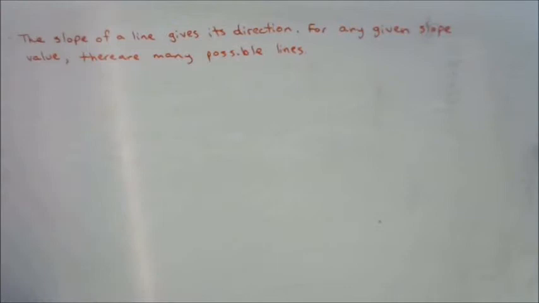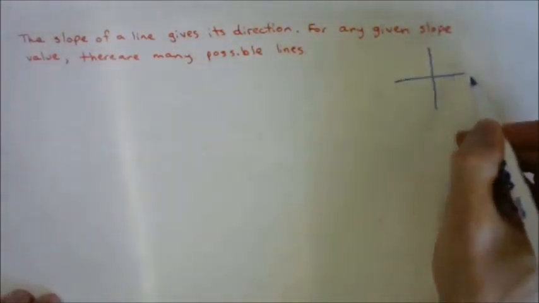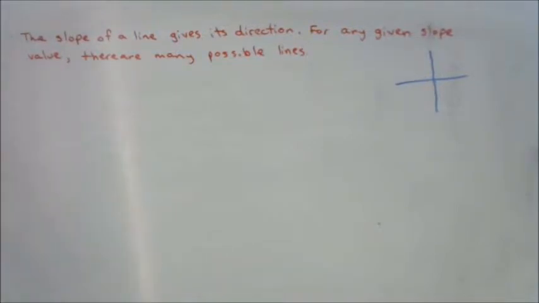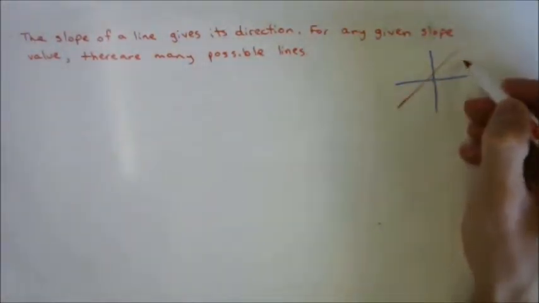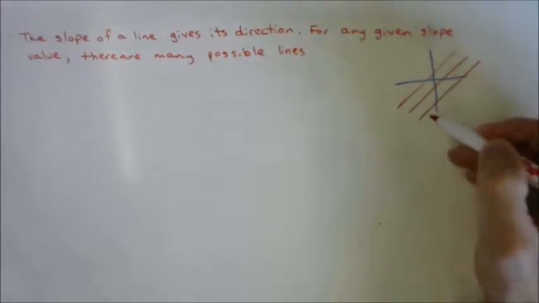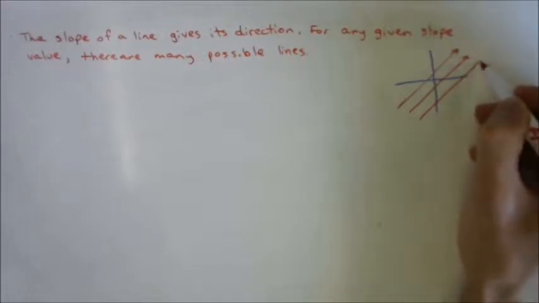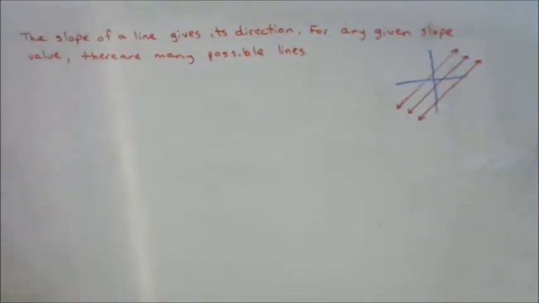So for example, if you have a little bit of room off to the right, just draw a quick little coordinate plane and just draw a few lines that all have the same slope. Now what's true about those lines? They're parallel to each other. Okay?